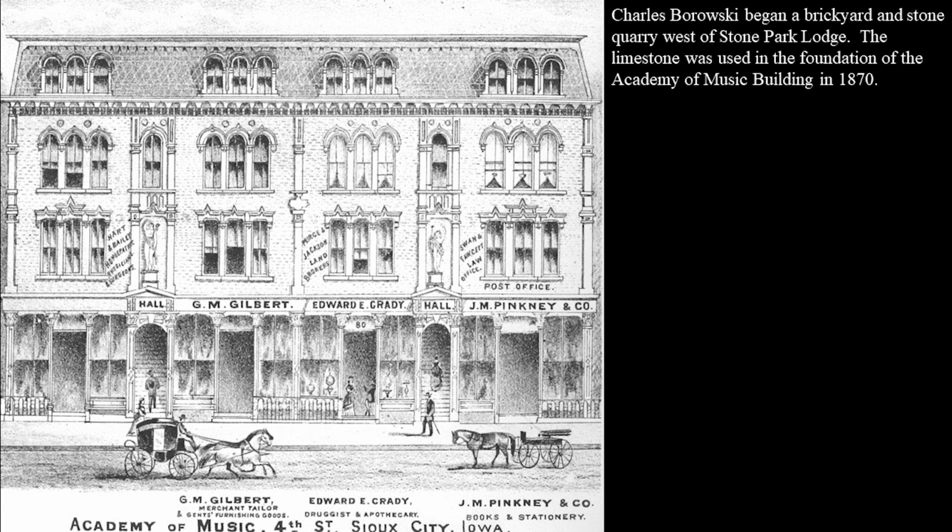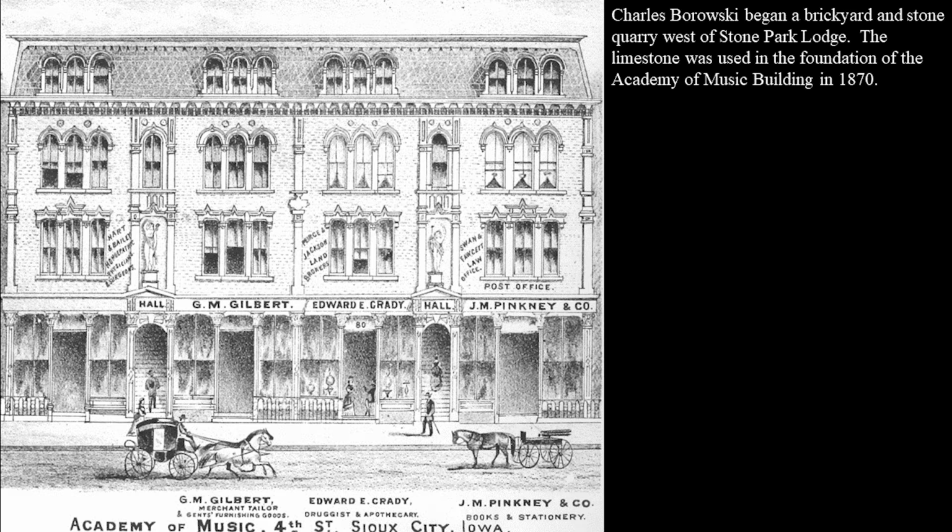Now, one of the things that was constructed out of material coming from the Stone Park area was what was called the Academy of Music. The Academy of Music was Sioux City's first big municipal auditorium, on the south side of 4th Street between Pierce and Douglas Streets. This was the first big public venue.